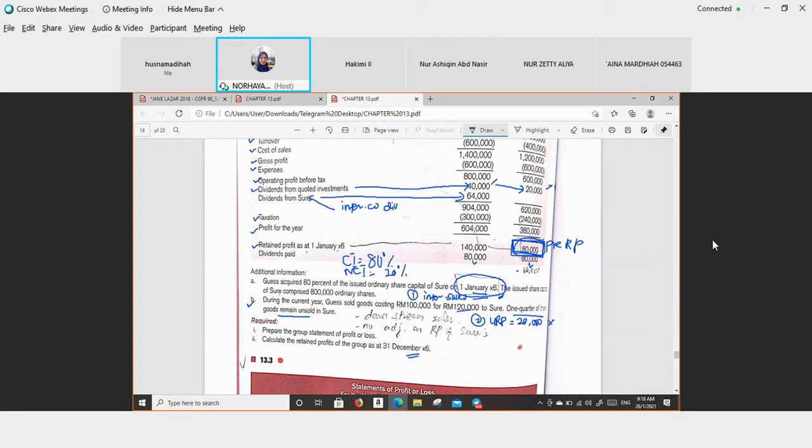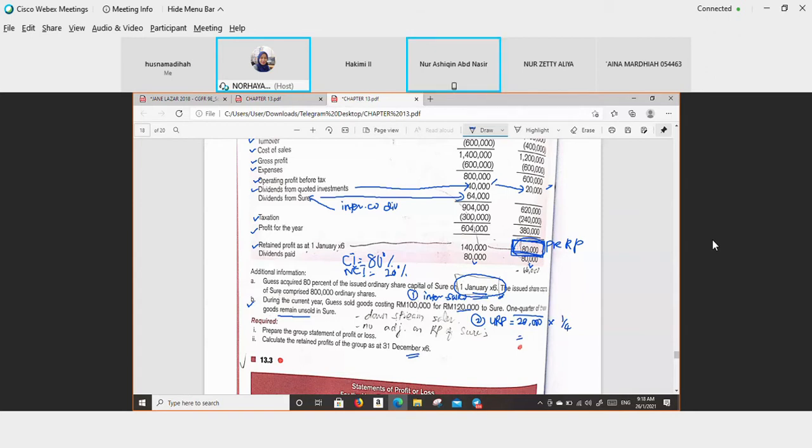The URP is the part which is not sold yet. So how much is the URP? 1/4, so 500.